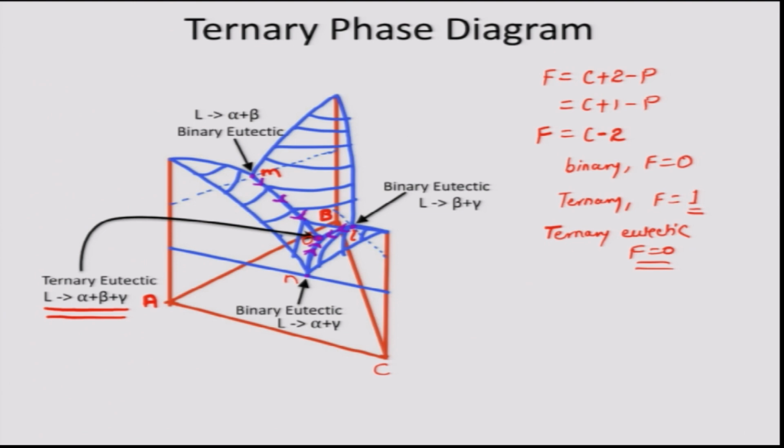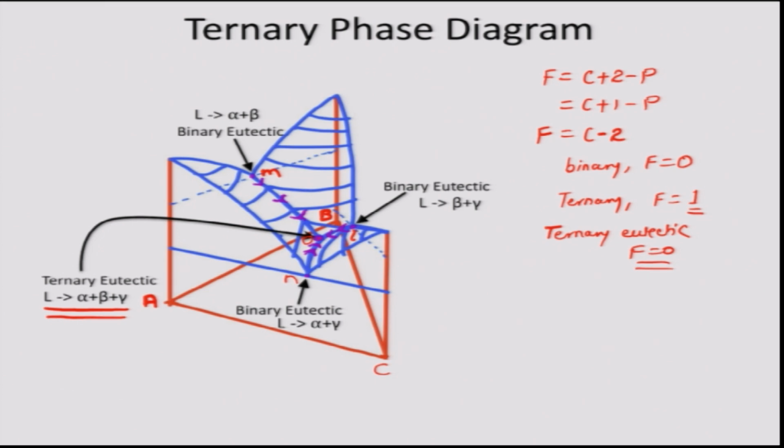That means, on a ternary phase diagram, a ternary eutectic or a 4 phase equilibrium represents an invariant. That means it occurs at a single composition and single temperature, and hence a ternary eutectic solidifies at a single constant temperature.